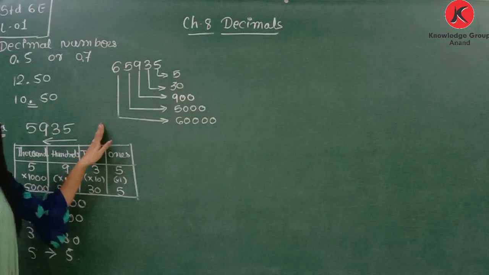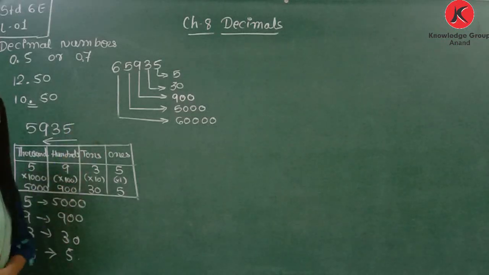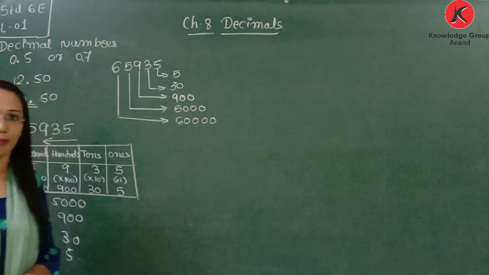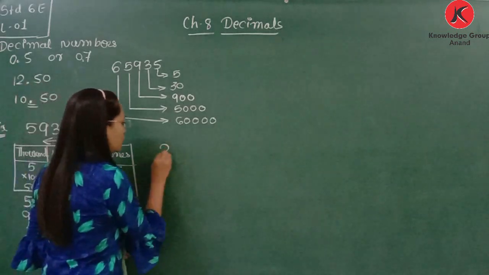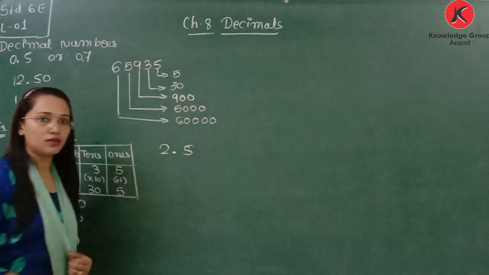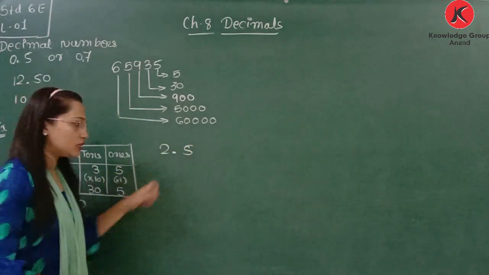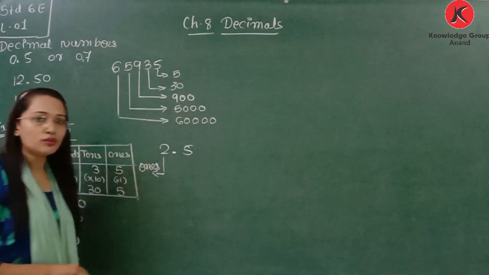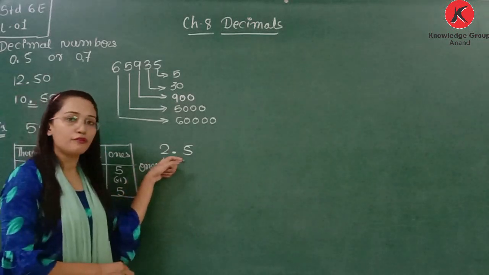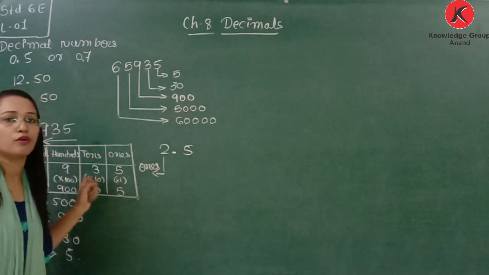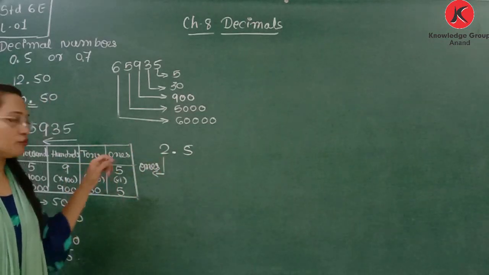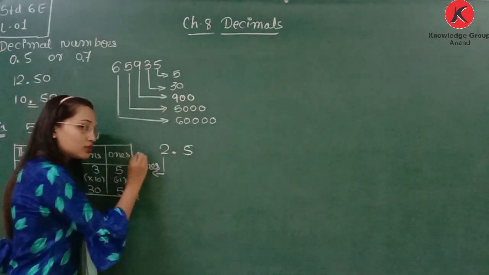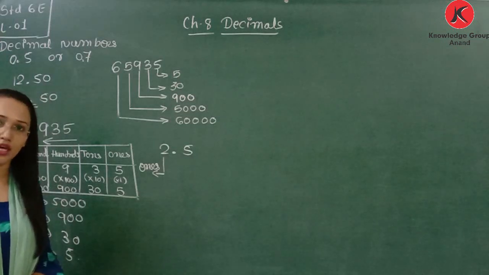When the numbers are like this, they are called natural numbers. But how can we write the place value if we have a decimal number? For example, 2.5. If we have the number 2.5, we need to write the place value of the digit before the decimal point as we do in a natural number.